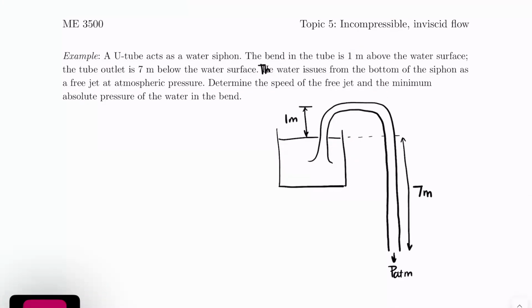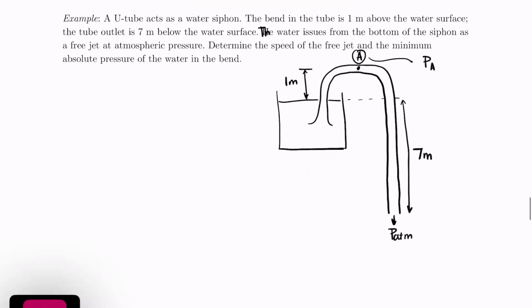We want to determine the speed of the free jet and the minimum absolute pressure of the water in the bend. So we want to find, I'm going to call this point A. We want to find PA. And we also want to find I'm going to call this point 2.